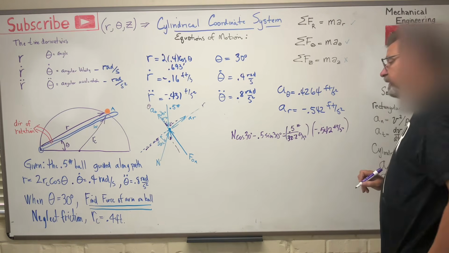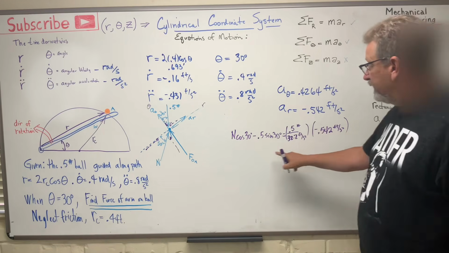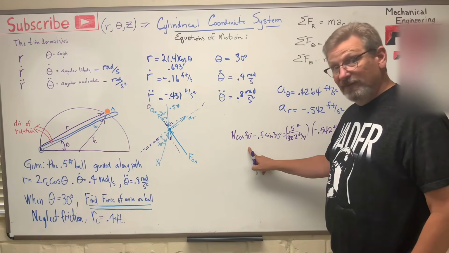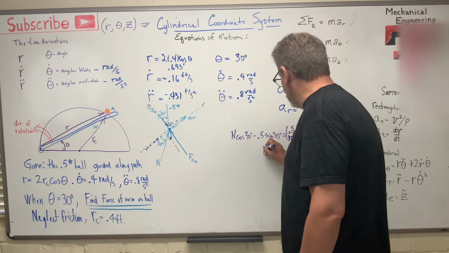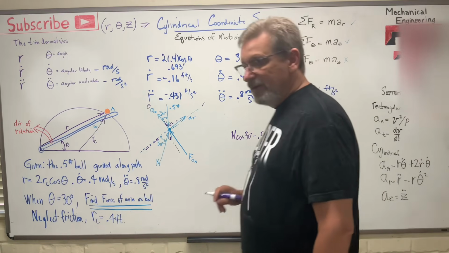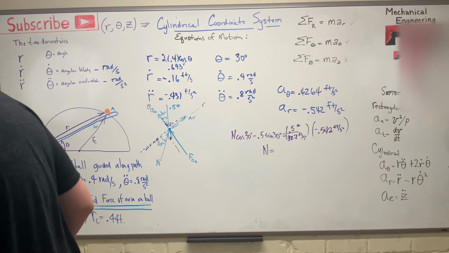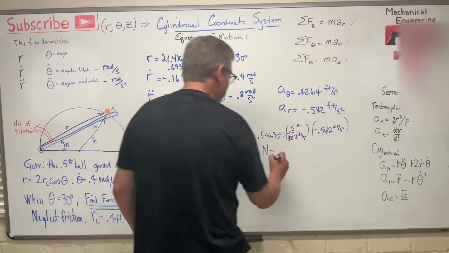The feet per second squared are going to cancel out, leaving pounds on this side, so N will be in pounds force. That equation will allow us to solve for N. If you do the math there, N is equal to 0.279 pounds.